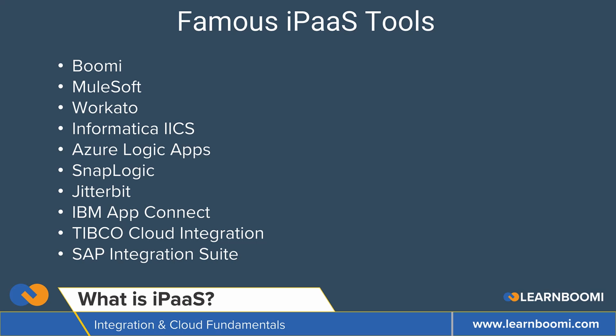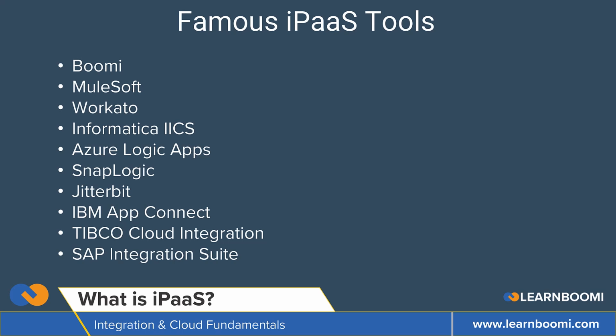Then you have Workato, a low-code automation and integration platform popular for business automation and workflow use cases. Then you have Informatica Intelligent Cloud Services, a strong iPaaS platform used heavily in data integration and enterprise data management. Then you have Microsoft Azure Logic Apps, Microsoft's cloud native integration and automation service that integrates tightly with Azure services.